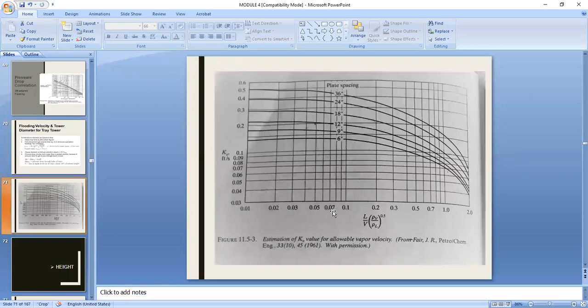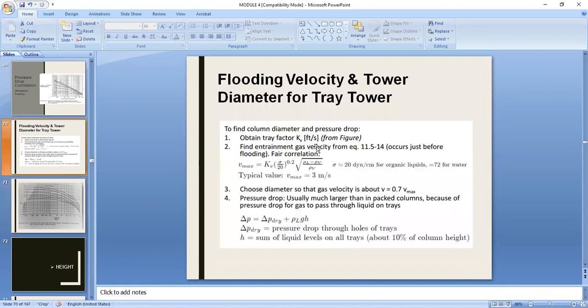This is the figure given in Coulson. Find this table equivalent in your handbook. Okay? Instead of the delta P in the curves, you have the tray spacing here. With the tray spacing and with this value solved beforehand, you can get here the K sub V in step 1 that is stated in here, the tray factor.